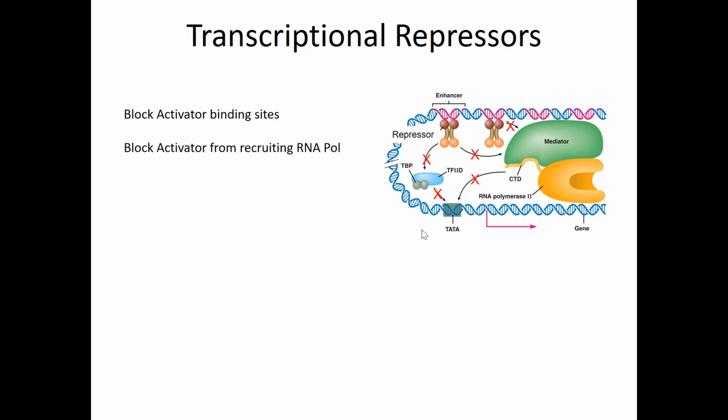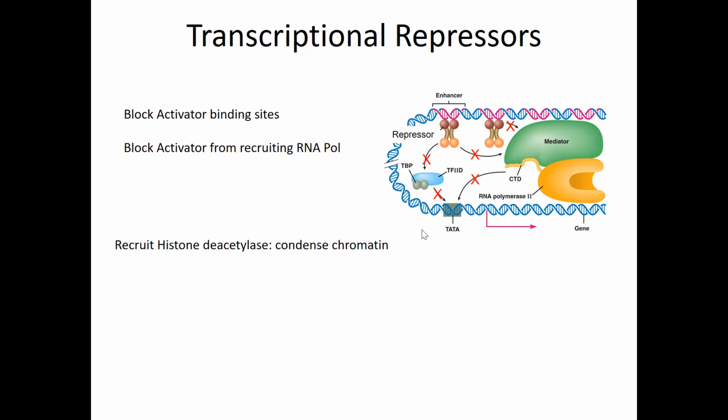Or, underneath that, cells regulate the rate of transcription where transcription is already happening, by using activators to recruit RNA polymerase more rapidly, or by using repressors so that activators can't do that and the transcription factors have a harder time binding.